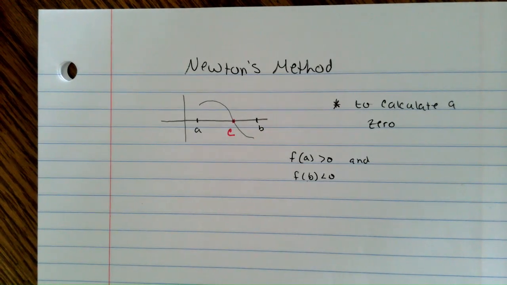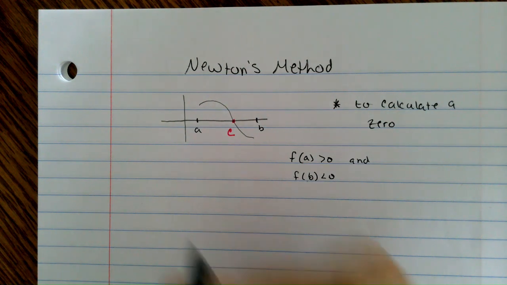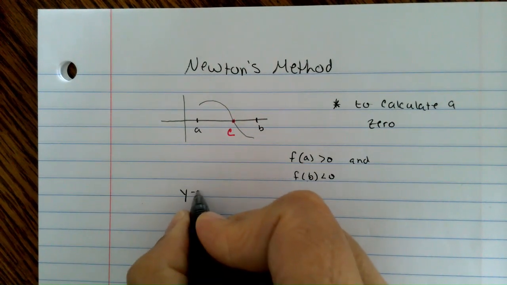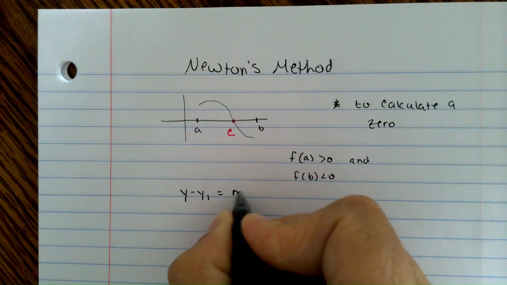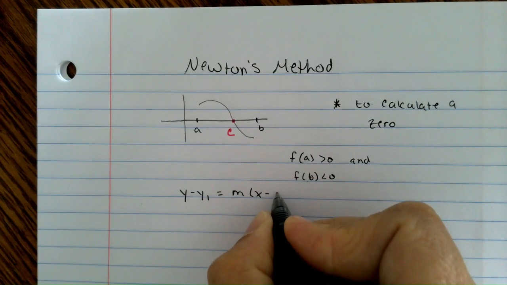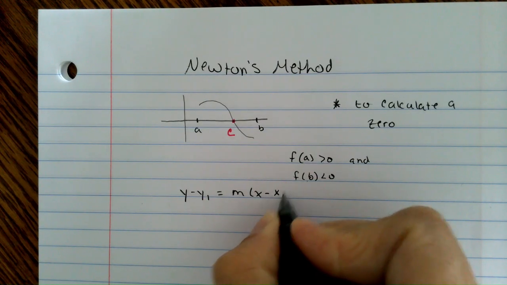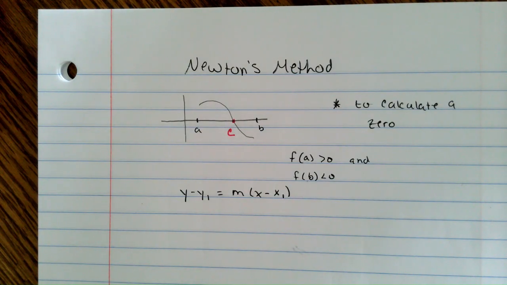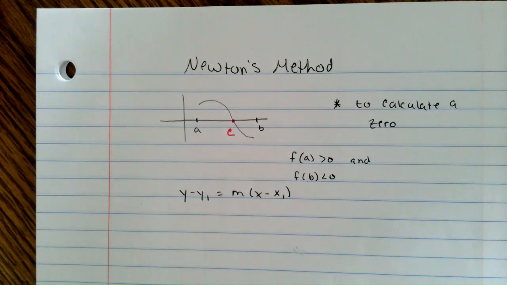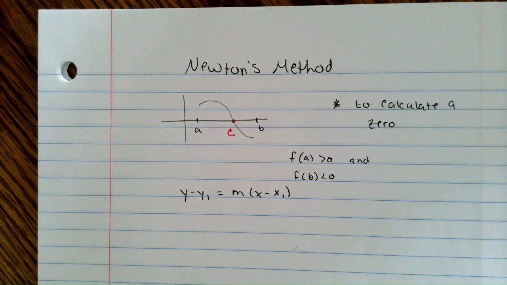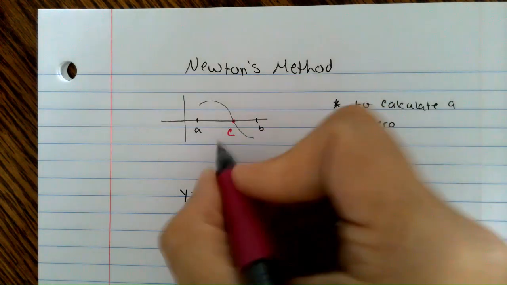So let's think about this as far as point slope form goes, right? We know that y minus y1 equals m times x minus x1. All right, and I'm going to go ahead and call C the ordered pair x, 0.